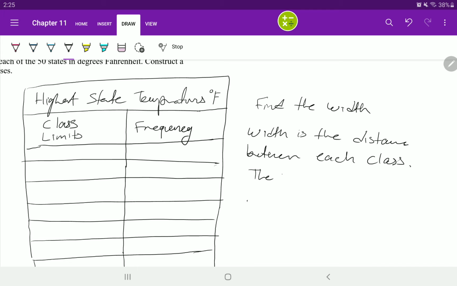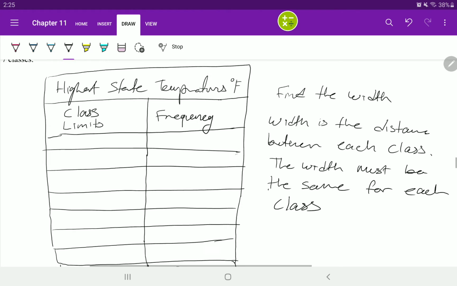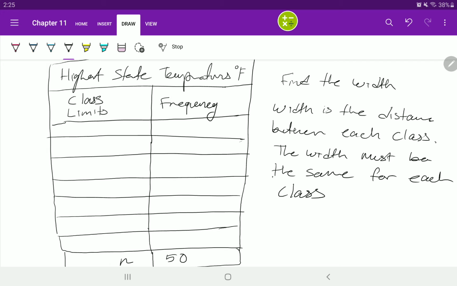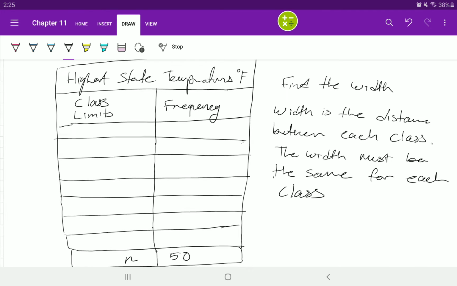The width must be the same for each class. So that means I must find the distance from class 1 to class 2, class 2 to class 3, and so on and so on. And the width is the distance between each class.